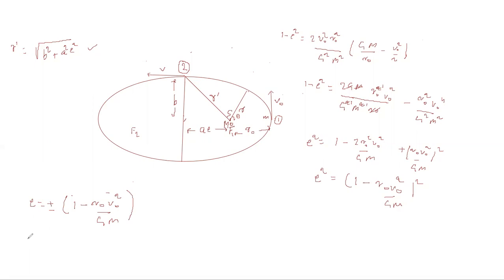Now if we assume that v is greater than or equal to v naught, then as it tends to be greater than v naught, the velocity at this point, for v equal to v naught, the eccentricity is obviously, just a moment.